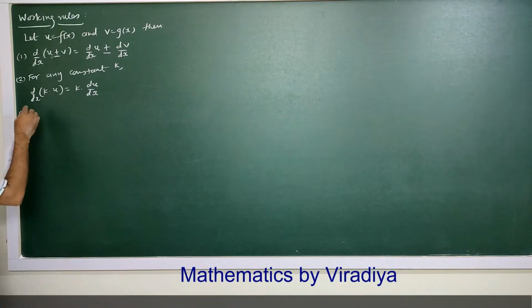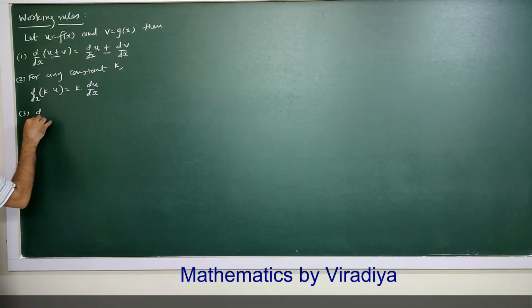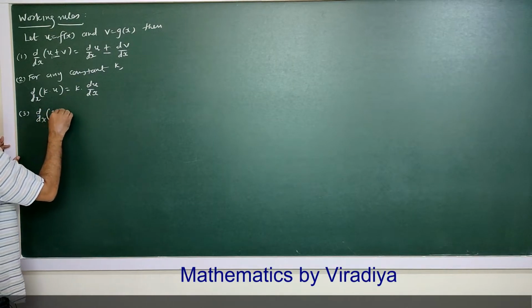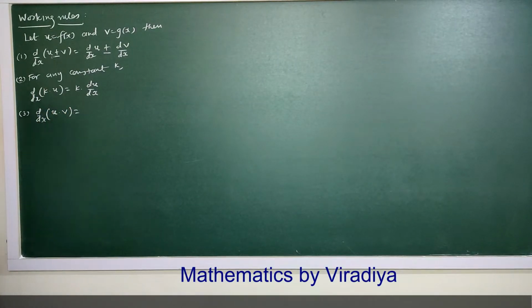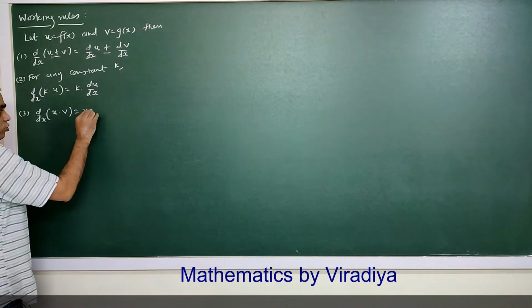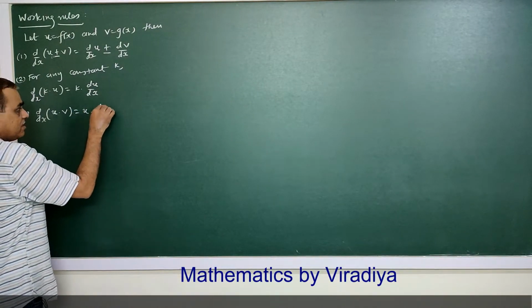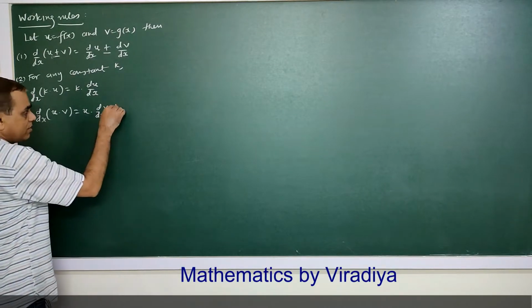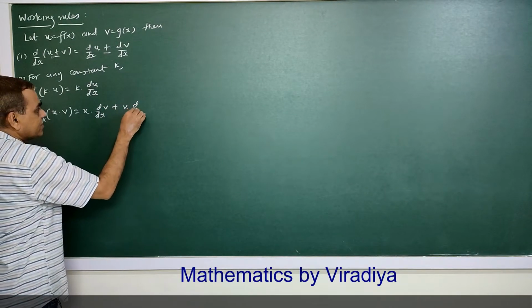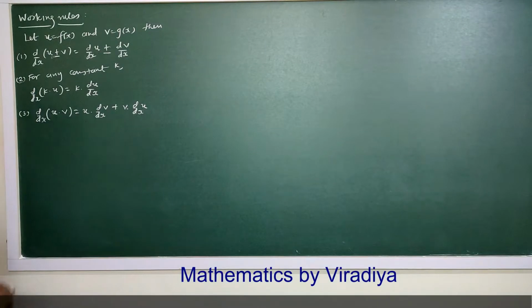Third working rule, derivative of u into v, the derivative of a product of two functions: u as it is, derivative of v, plus v as it is, derivative of u.